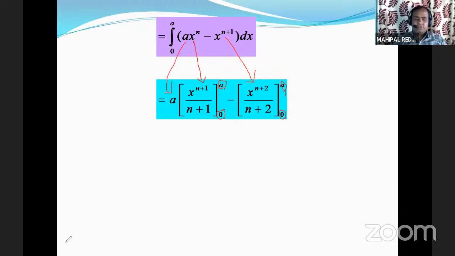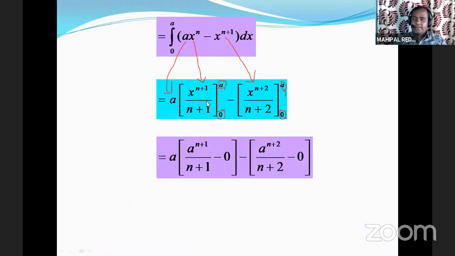Okay. So what is the next step here? Apply the upper limit as well as the lower limit. What is the upper limit? The first one is substitute the a. This becomes now a, first outside, a into a power n plus 1 by n plus 1. When you substitute the lower limit 0, this total is 0.